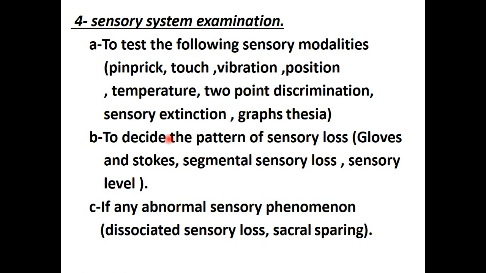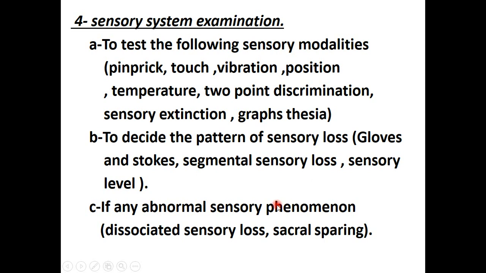Then after you test the sensation, you have to decide the pattern of sensory loss. For example, in diabetic patients we will see glove and stocking disappearance of sensation, meaning numbness or paresthesia, usually in a stocking and glove pattern. You may have a segmental sensory loss, or if the patient has a spinal cord lesion we may also see a sensory level.